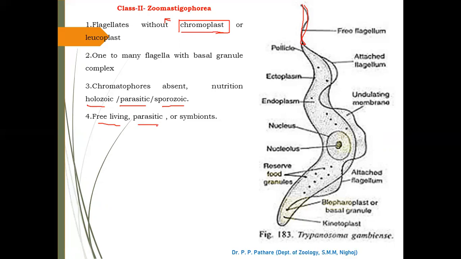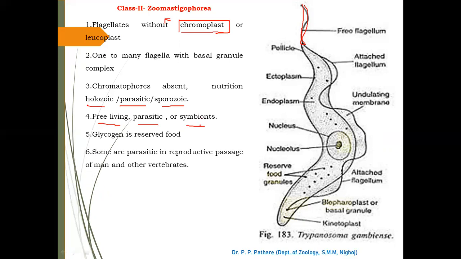Symbiotic means they are present in another living organism, for example the gut of domestic animals, and they complete their life cycle without any damage or difficulty to the particular host animals. So this symbiotic type of habitat characteristic will be found in this group of protozoans.